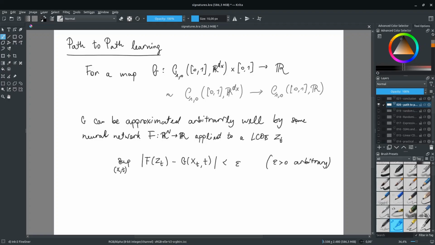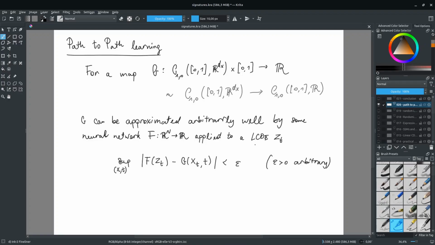They have this small result here that says, okay, if I have a map G that takes a path and some time t and gives me a real number, this is actually equivalent to having a map from a path to a path in a sense. They say that G can be again approximated arbitrarily well if I first take a linear CDE and then map a neural network on top of that.